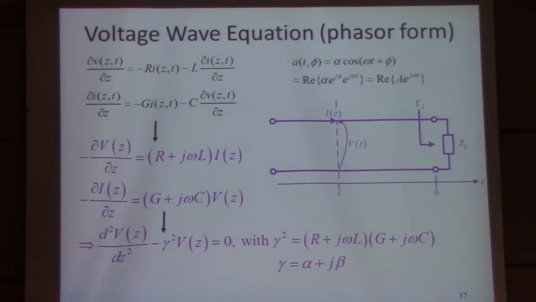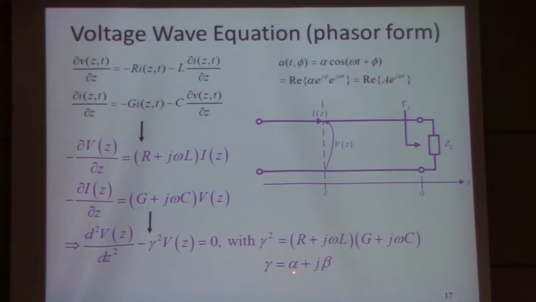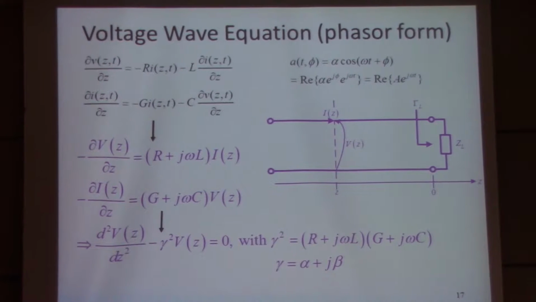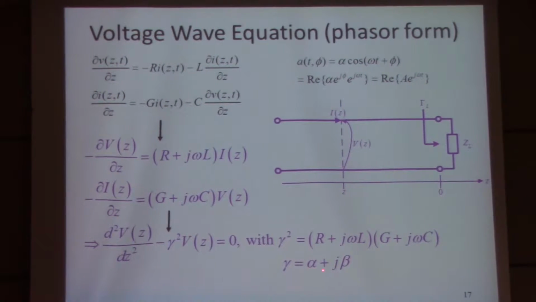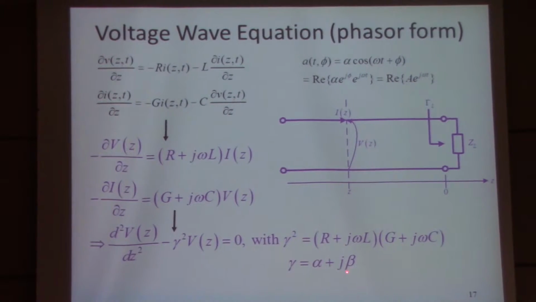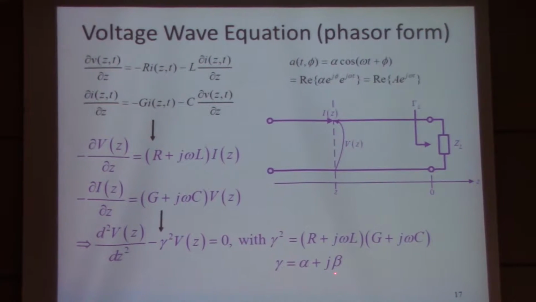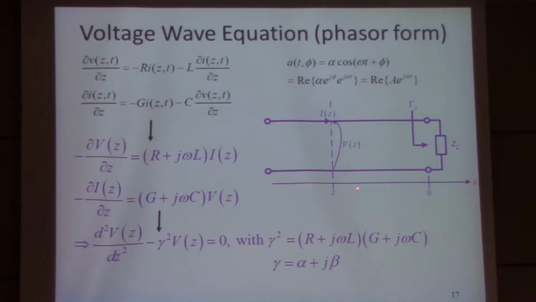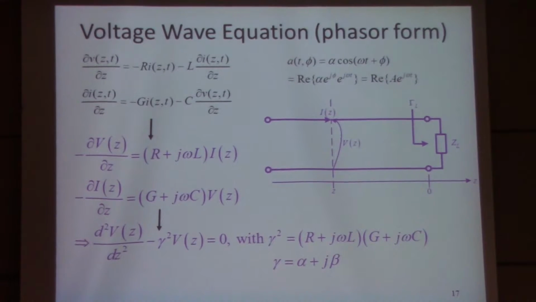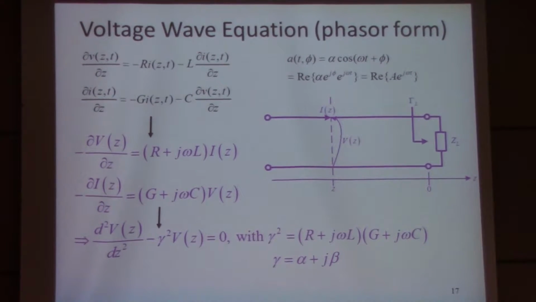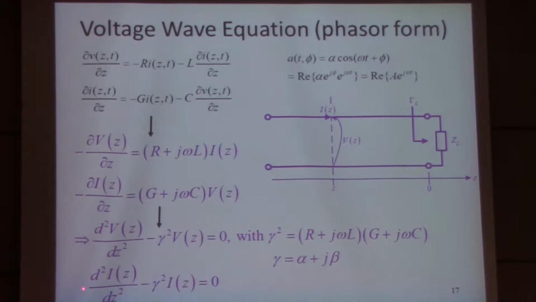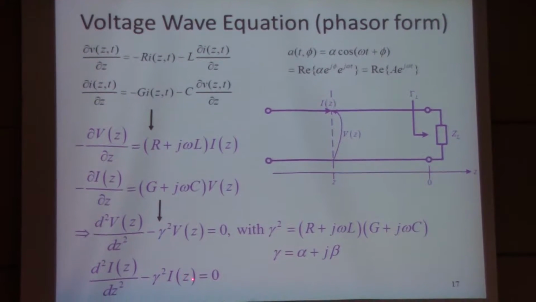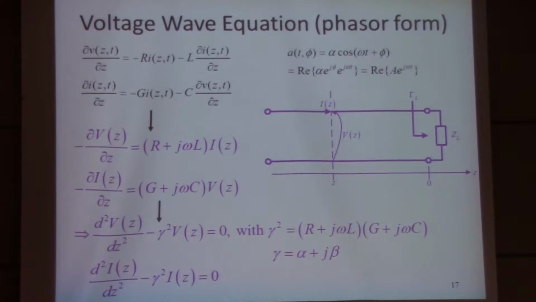So you have a propagation constant which has two constants: one is the attenuation constant, the other one is the phase propagation constant. These constants are related to the transmission line properties, R and L and C and G. Similarly, for current, you have the current wave. So now you have waves on your line.